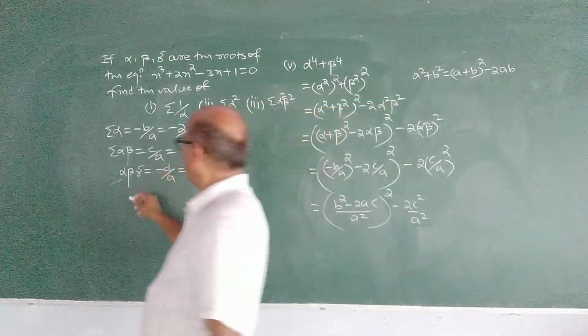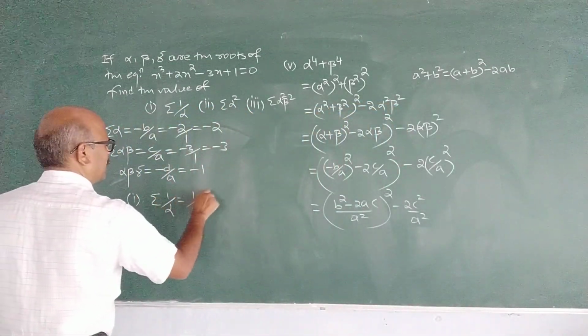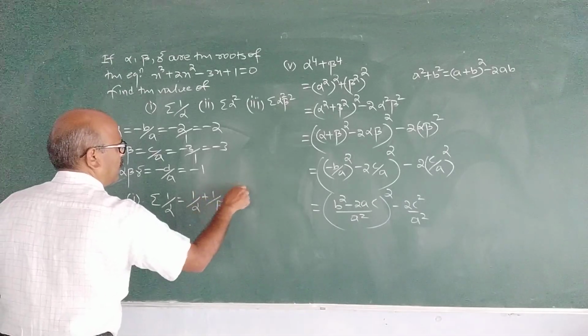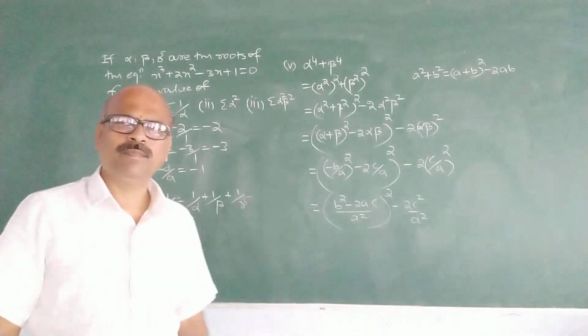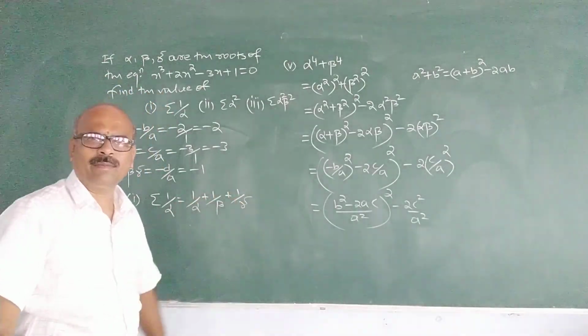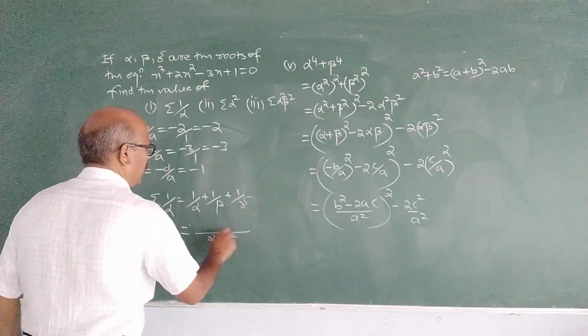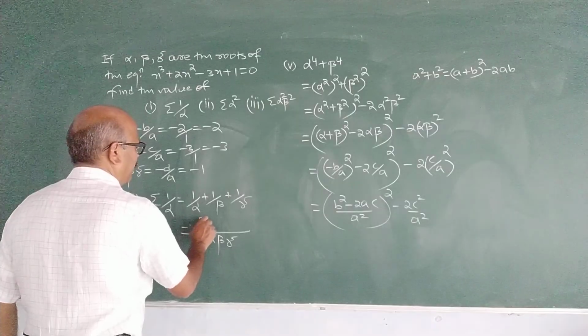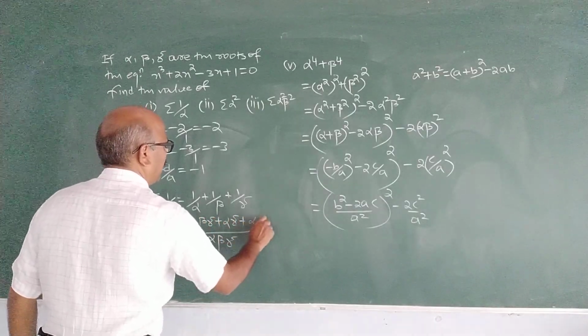Now see the first one, sigma 1 upon alpha. What do you mean by sigma 1 upon alpha? Means this, because 3 roots are there, alpha, beta, gamma. Sigma 1 upon alpha means 1 upon alpha plus 1 upon beta plus 1 upon gamma. Therefore, take the alpha beta gamma LCM, you will get beta gamma plus alpha gamma plus alpha beta.